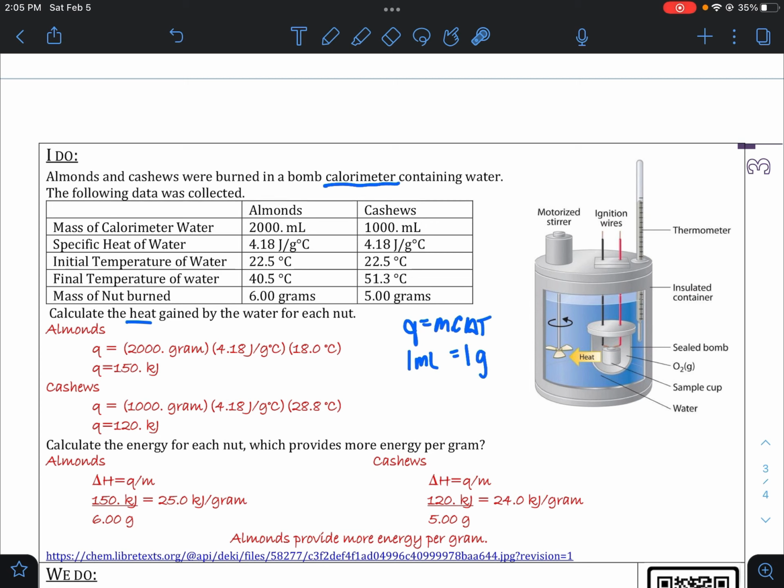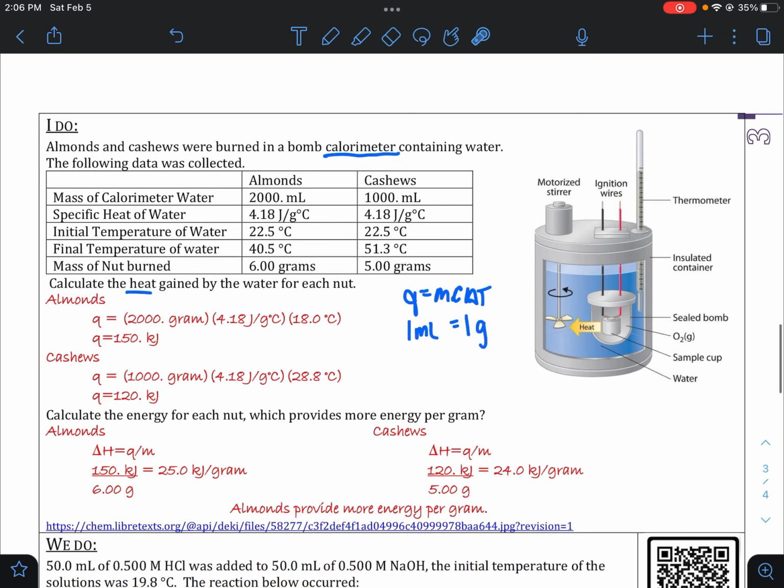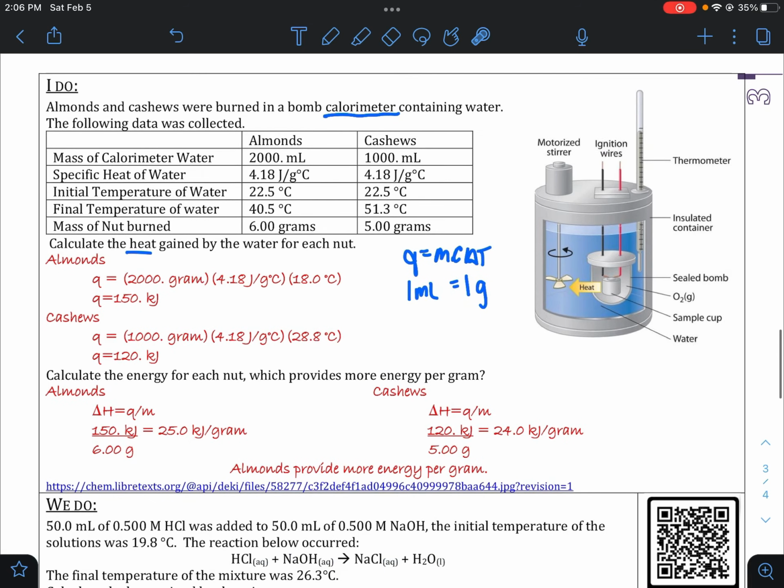So we did Q equals MC delta T in both of these. And again, you have to pay attention to small details, like the fact that the almonds are in 2,000 mils of water and the cashews are in 1,000. We get both of the units there as kilojoules, because again, heat should be in joules or some other version of a joule. Then for the last part, calculate the energy for each nut.